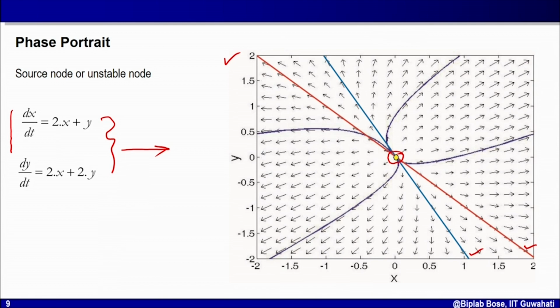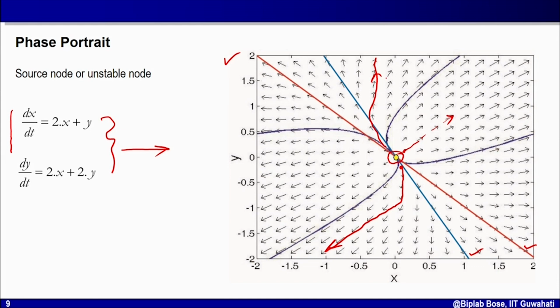If you observe carefully, if I start near this steady state, I will move away. If I start somewhere here near the steady state, I will move away. If I start somewhere here, I will eventually move away.